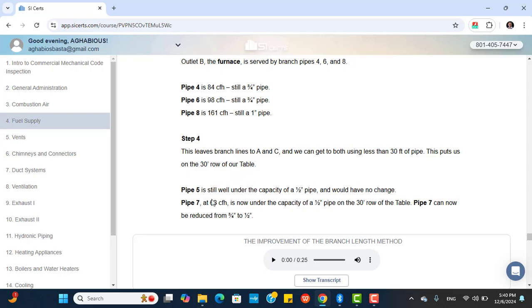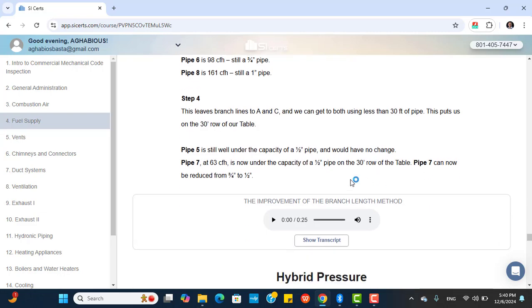Pipe 5 is still well under the capacity of half inch pipe and would have no change. Pipe 7 at 63 CFH is now under the capacity of half inch pipe on the 30 feet row of the table. Pipe 7 can now be reduced from 3/4 to half inch.